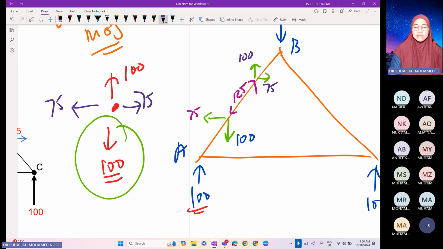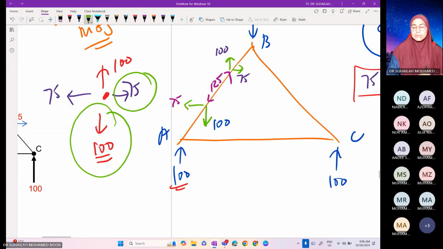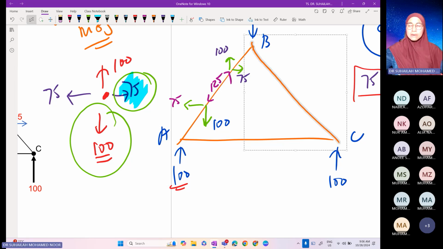Di mana this 75 nak diletakkan yang saya bulat ni, yang saya highlight ni? Kat mana nak letak? Cepat.